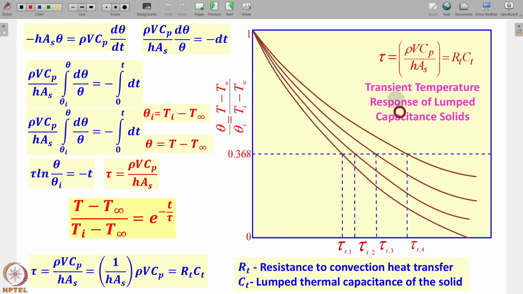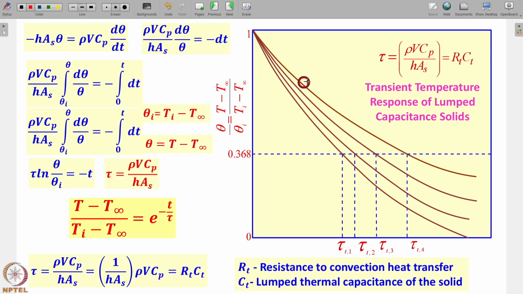These different curves are for different time constants. The first one will have the lowest time constant and the top one will have the highest time constant. The lowest time constant one will respond fast, the temperature changes with time faster than the one where the time constant is quite high. So that is about the temperature distribution.